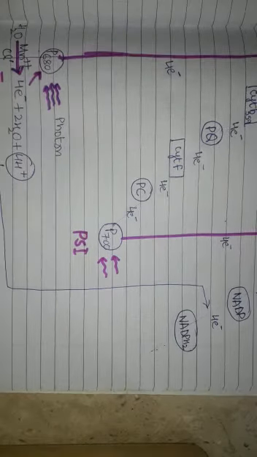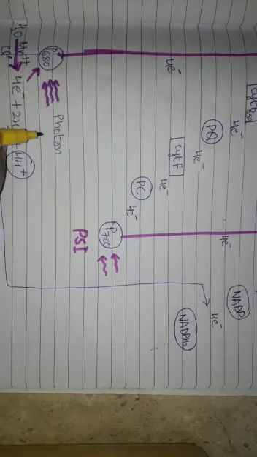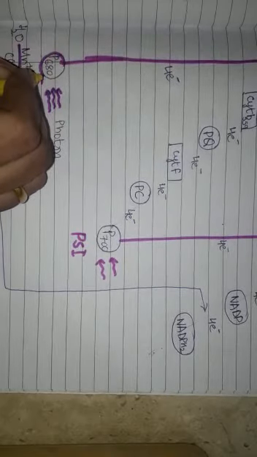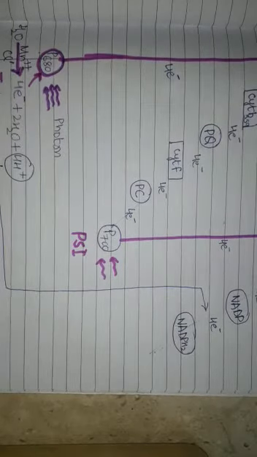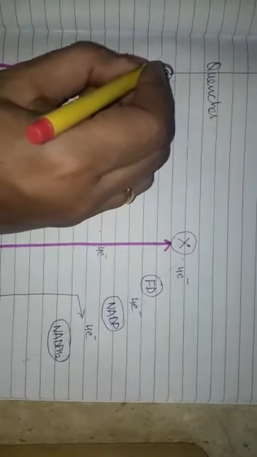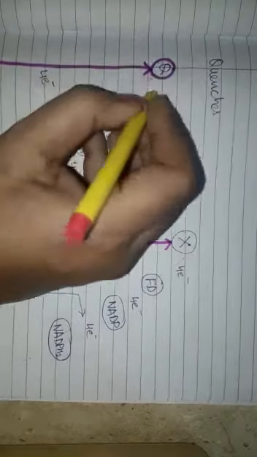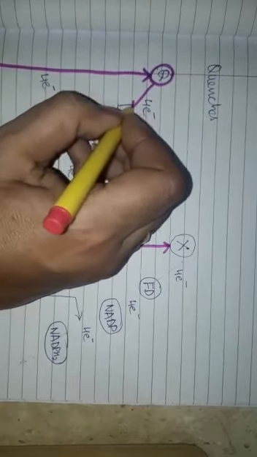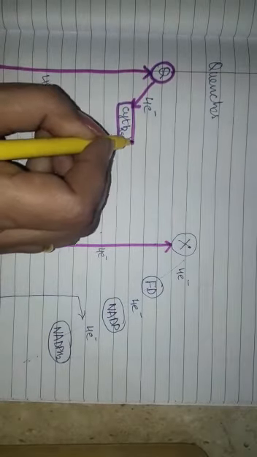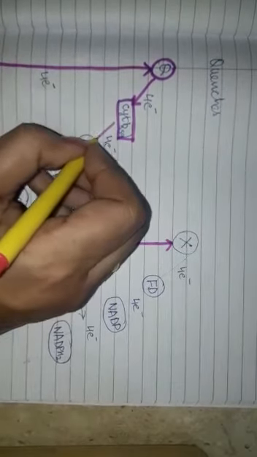Let us repeat. The photons of sunlight are first of all absorbed by the reaction center of photosystem 2, that is P680. P680 transfers these electrons to quencher, quencher transfers these electrons to cytochrome B559.